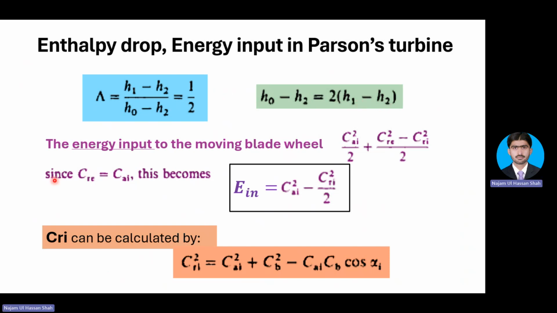Next, we can write a formula for energy input to the moving blade wheel. In a reaction turbine, there are two types of energy inputs to the moving blades. One is the kinetic energy of the fluid entering, which is CAI square divided by 2.